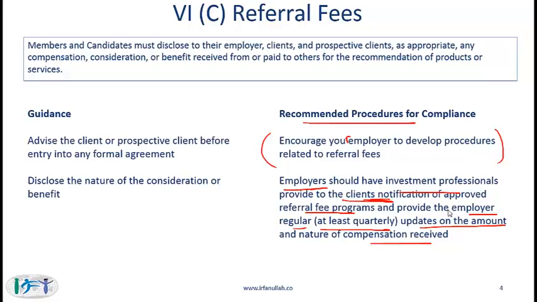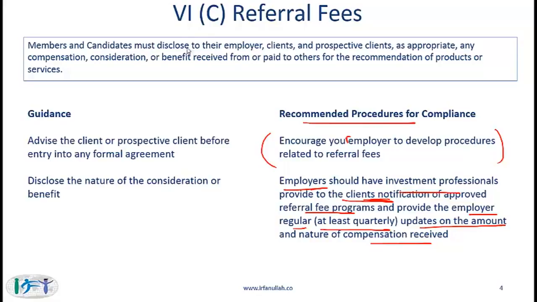Also, from the employer perspective or the firm perspective, the employees are being asked to provide updates on any fees or any referral fees or compensation received through referrals. This way, the clients are being kept informed and the employer or supervisor is remaining informed about what the employees or the specific investment professionals are doing.